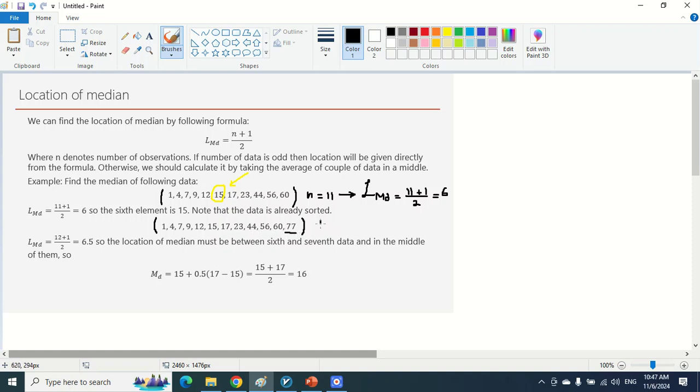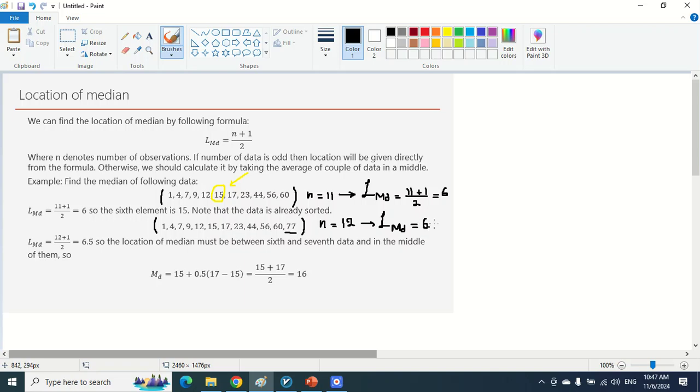So the number of elements here is even, equal to 12. When we want to calculate the location of the median, it is equal to (n + 1) over 2, which is 6.5.